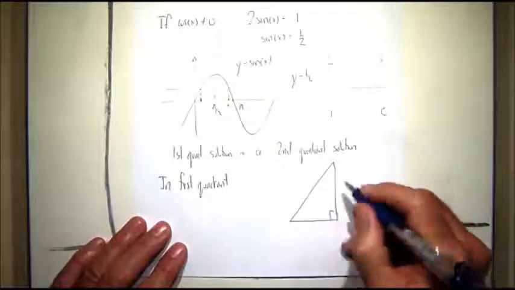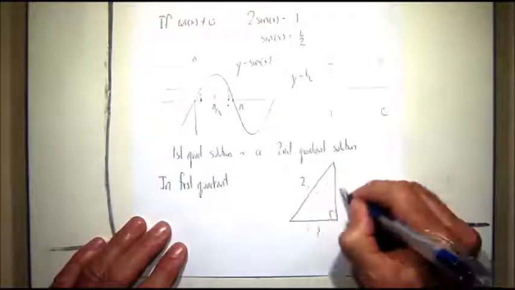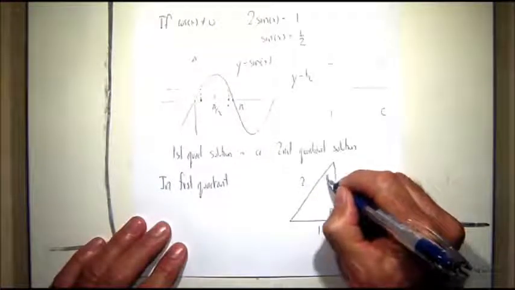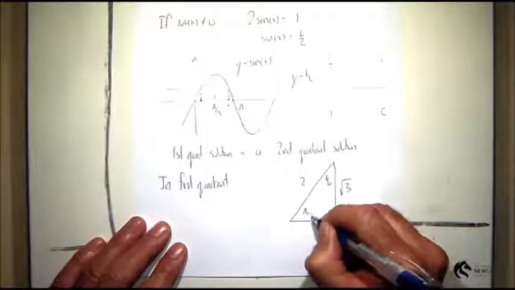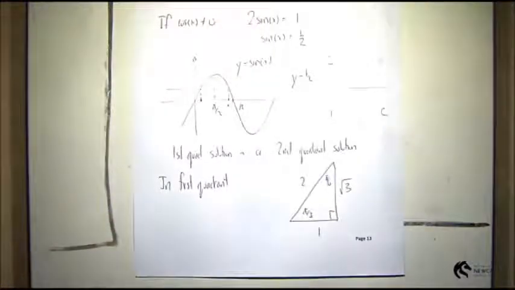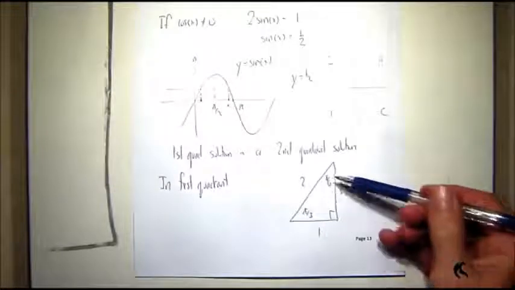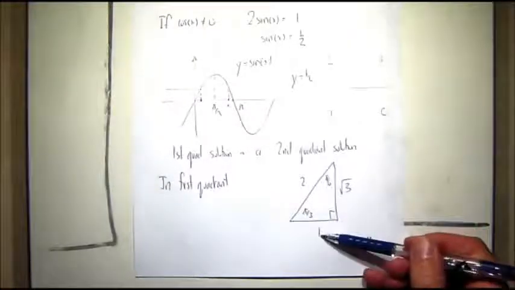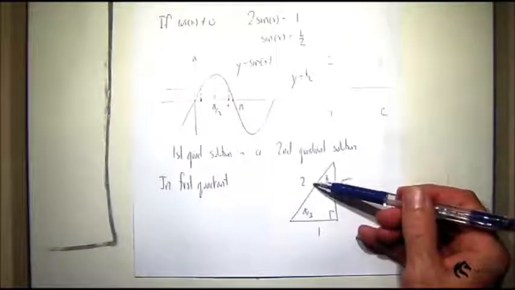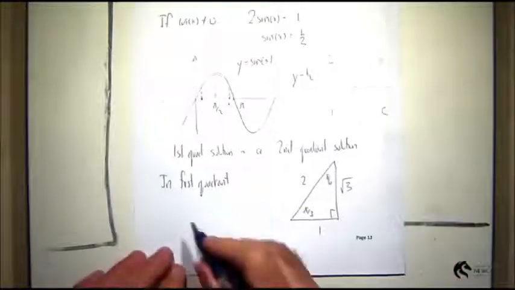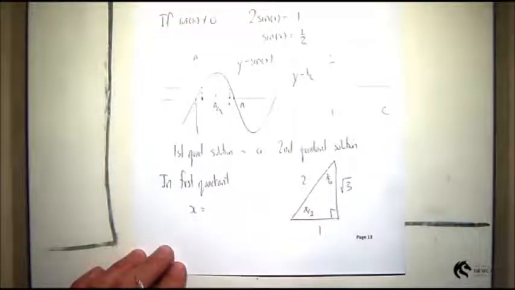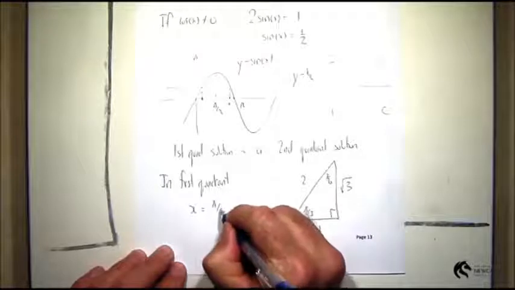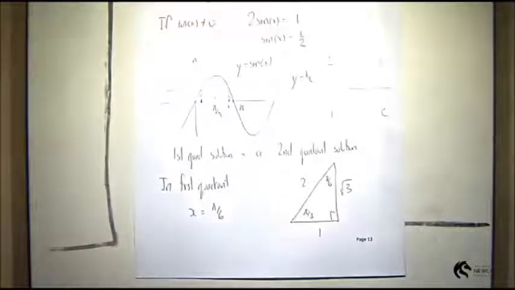So you can see I've used it a fair bit. 1, 2, square root of 3, pi on 6, pi on 3. So I can see that the sine of pi on 6 is 1/2. So I can see that x is going to be pi on 6.